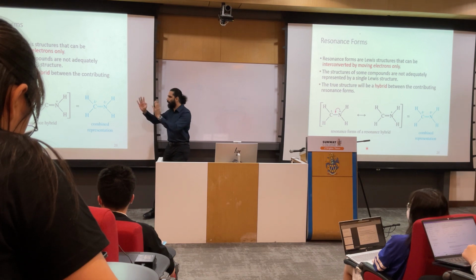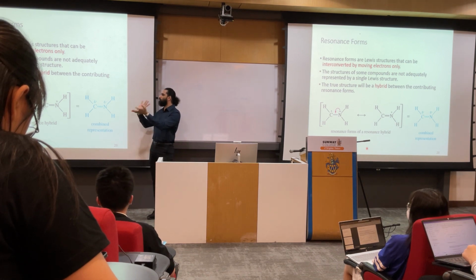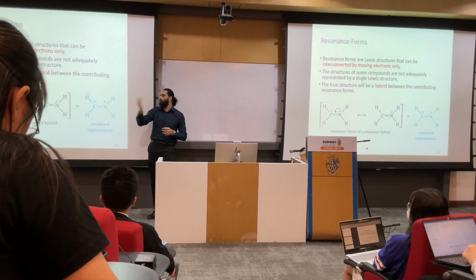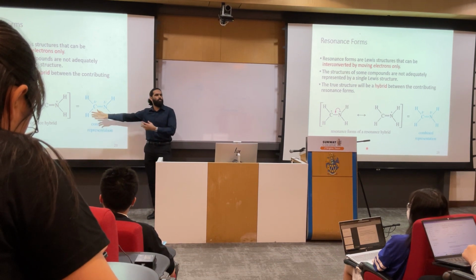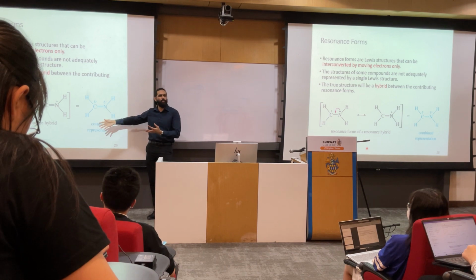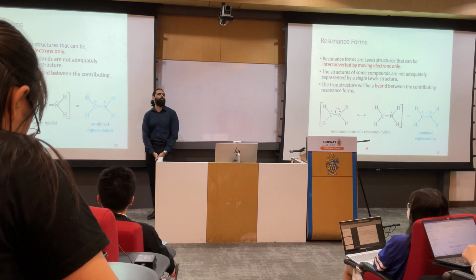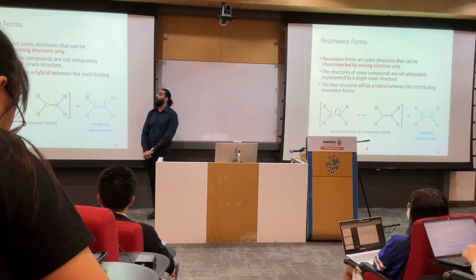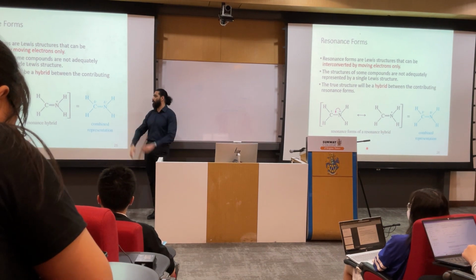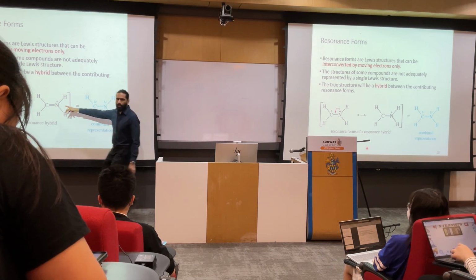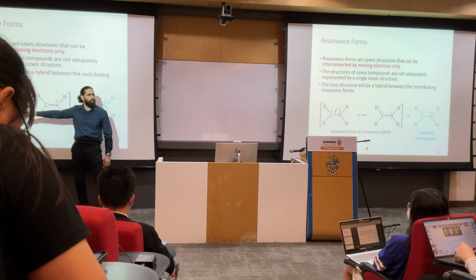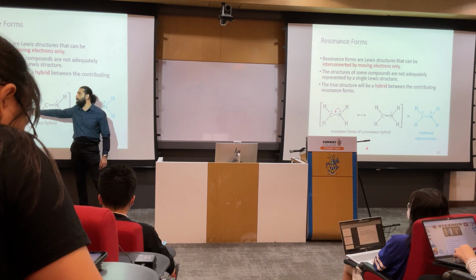So the term resonance simply means interchangeable, where electrons can move. So MRI, nuclear magnetic resonance spectroscopy, all these things have something to do with the movement of electrons or other particles, not necessarily electrons. Sometimes it could be neutrons as well. Alright, so does it make sense how these two structures are possible for the same compound and how you can interconvert them with each other?